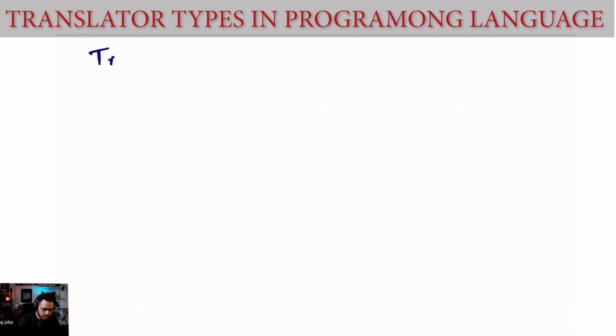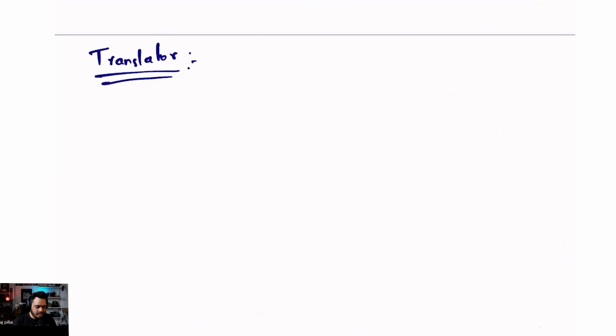In our coding world, basically the translators, as per my knowledge and limited to what I want to make you understand, there are two types of translator. One is the compiler and the second one is the interpreter.